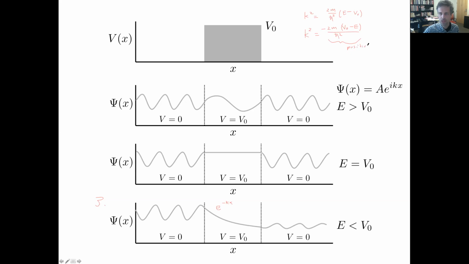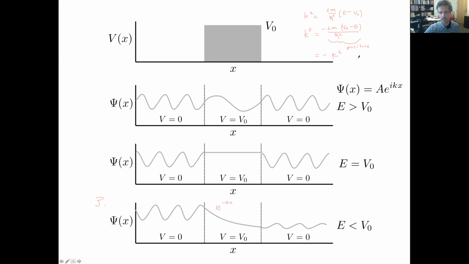It must be, because this is how I define it. V naught is larger than E only for scenario number 3, not for scenario number 1 or 2. So this is the definition of kappa: k squared equals negative kappa squared.